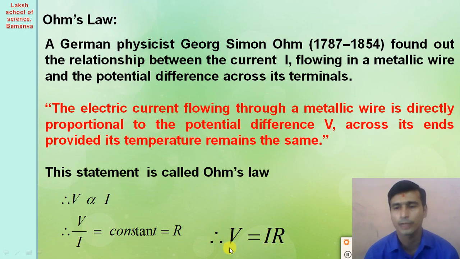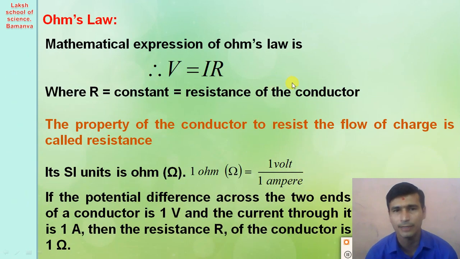V is the potential difference across the two ends of the conductor, I is the electric current, and R is the resistance of the conductor. So the mathematical form of Ohm's law is V equals I into R, where R is the constant and that is the resistance of the conductor.